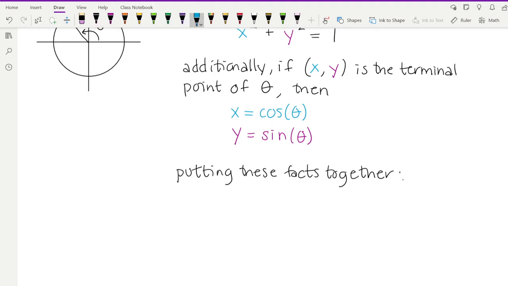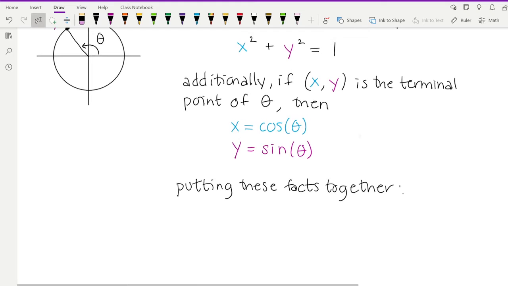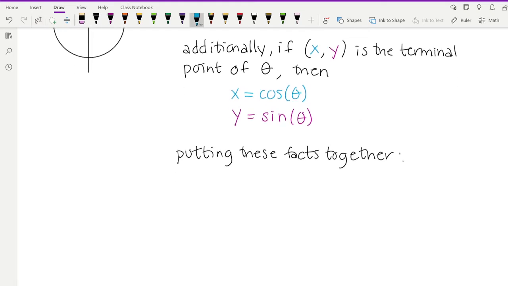I'm going to replace x in our unit circle equation with cosine of theta, so I'm going to say cosine of theta squared plus sine of theta squared, replacing y with sine of theta, is equal to 1.